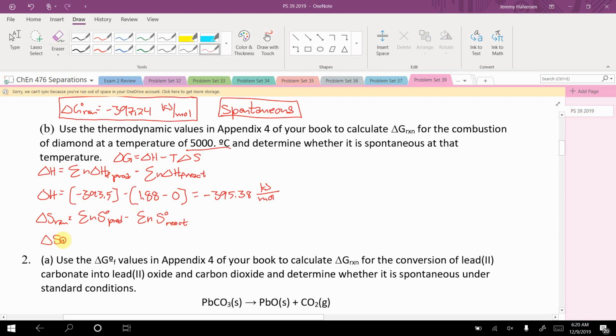So delta S of the reaction, let's see. Now remember, S values are not 0 for pure elements, so I will have a value for my O2.